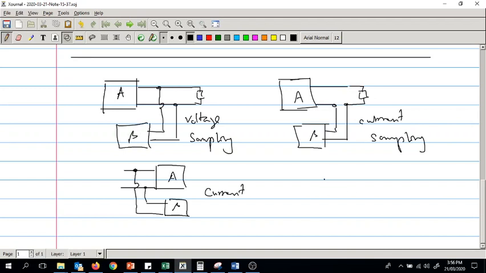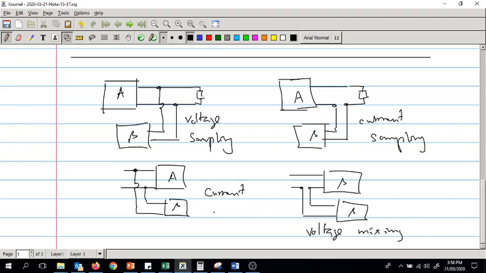And if you connect it in series to the input, what we are now mixing is voltage. So this is current mixing, and this is voltage mixing.